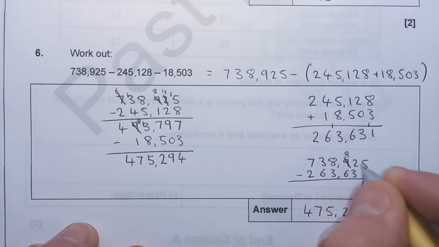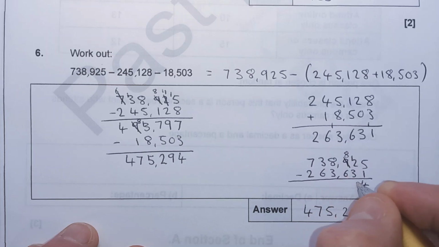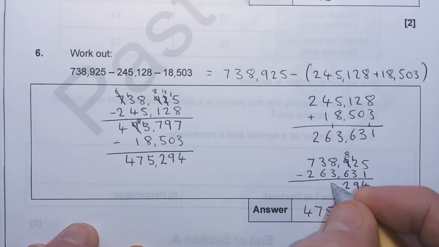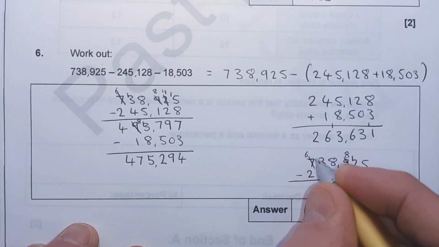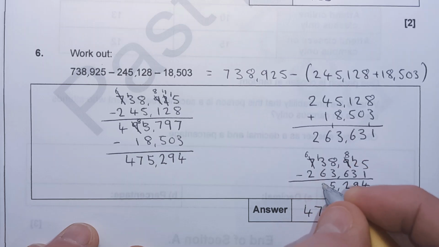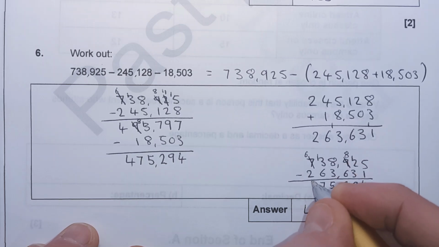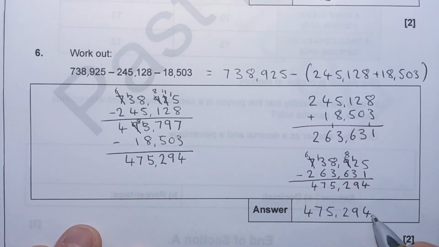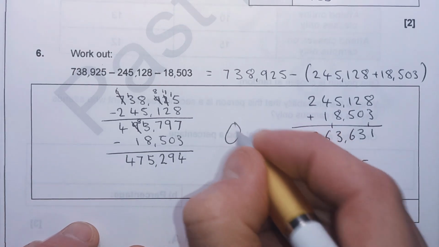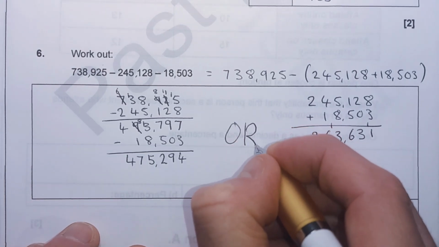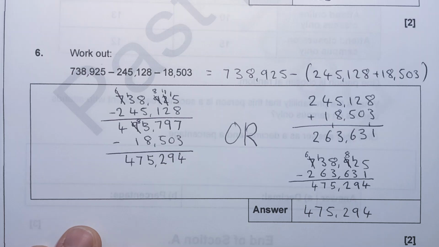So reduce that by 1. Make that 12 minus 3 is 9. 8 minus 6 is 2. 8 minus 3 is 5. 3 minus 6 we can't do. So reduce that by 1 and make that 13 minus 6 is 7. 6 minus 2 is 4, which is exactly the same as this. So don't do both ways. Choose which method you prefer.